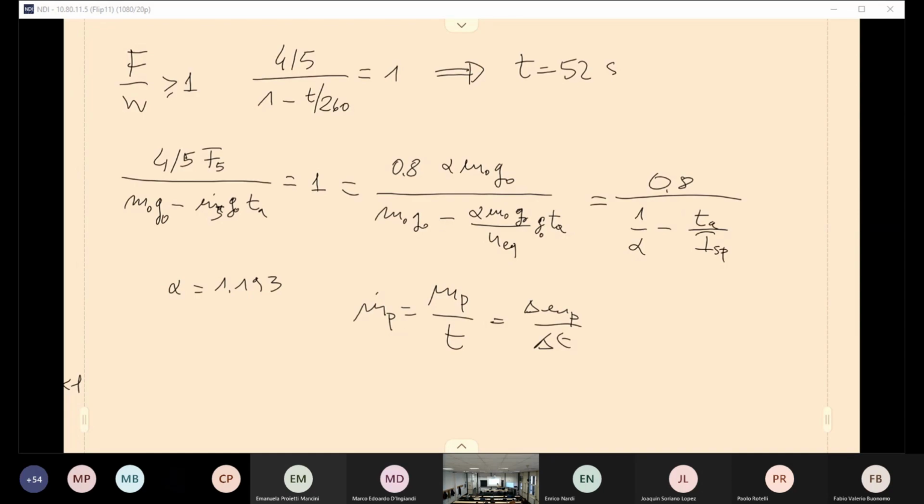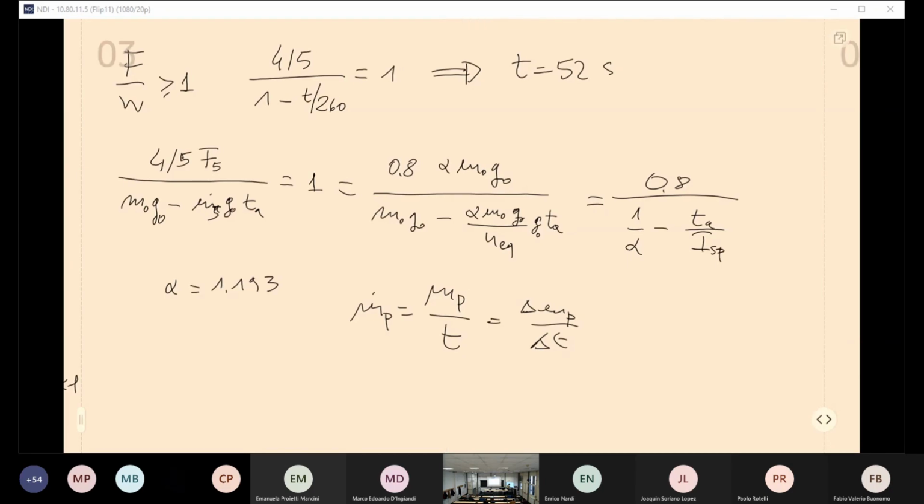Okay, let's move to the next exercise. And this time we make something, let's say, strange. We assume that we are flying with a rocket at a constant speed, which is not typical for a rocket, for 100 kilometers. And we also have constant thrust.